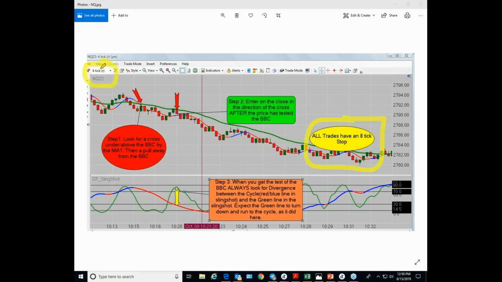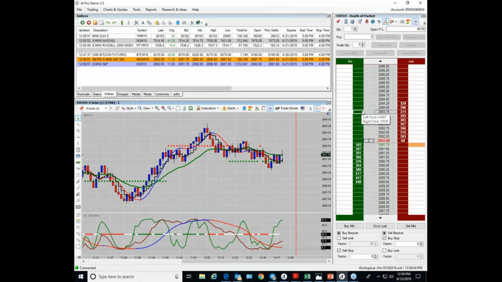You're going to have to be in front of the screens and engaged in what's going on in the marketplace, not only when you get into a trade. There are rules in managing the trade from start to finish. You'll have to be in front of the DOM, this tower where we do our buying and selling.